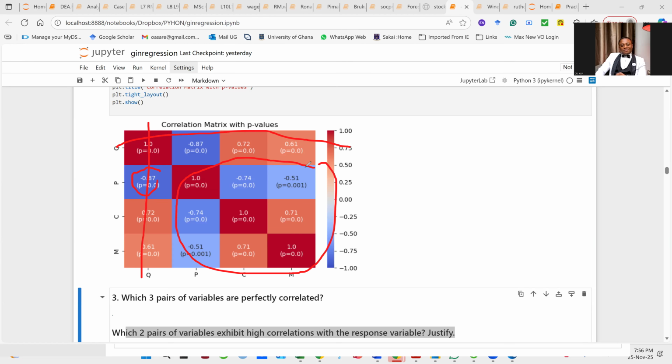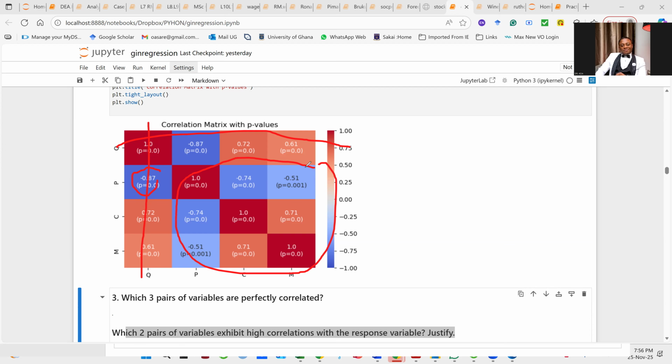Which one is that? It is negative 0.74. That's it. And the variables connecting to that are price and complement, P and C.